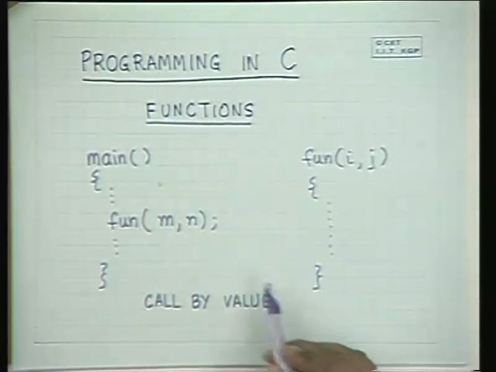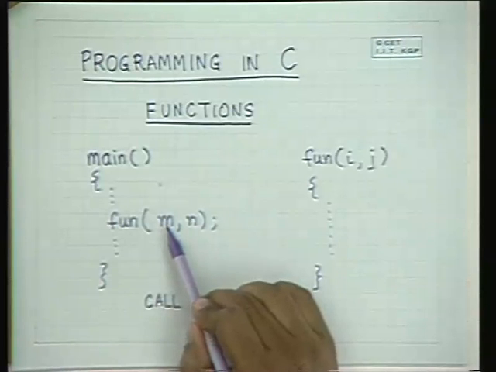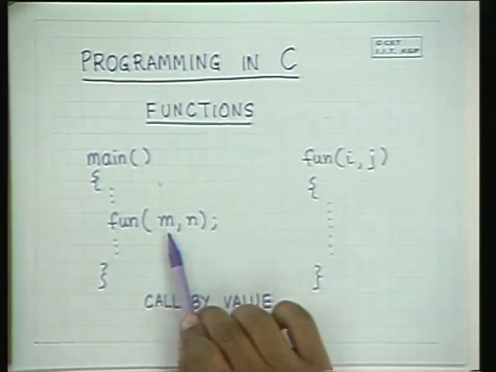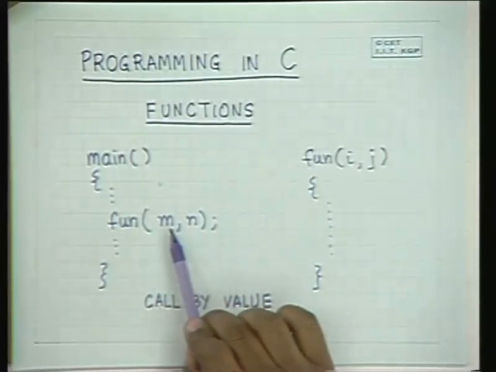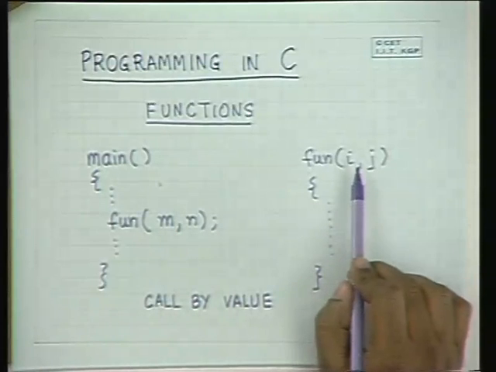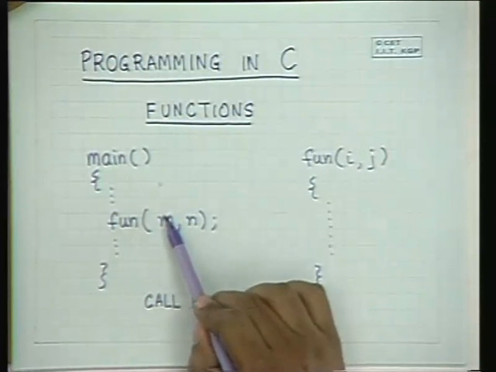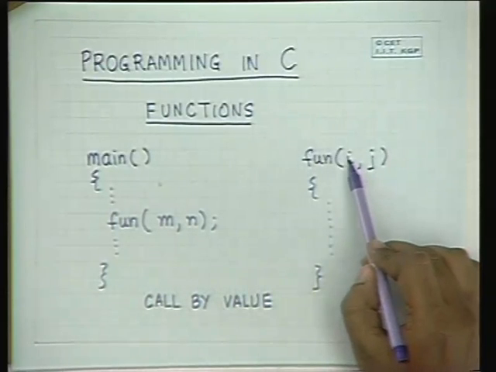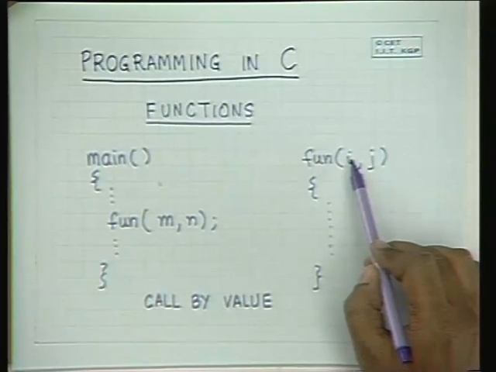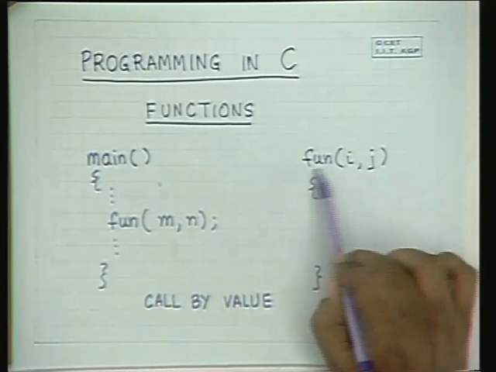In call by value, the idea can be understood by the following scheme: whenever a function is called, the values of the actual parameters are copied as instantiated values of the formal parameters in the called function.